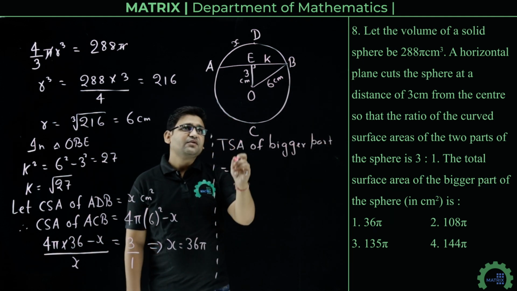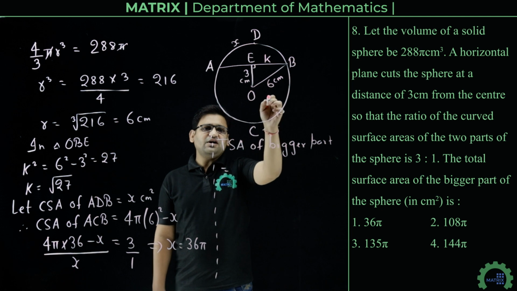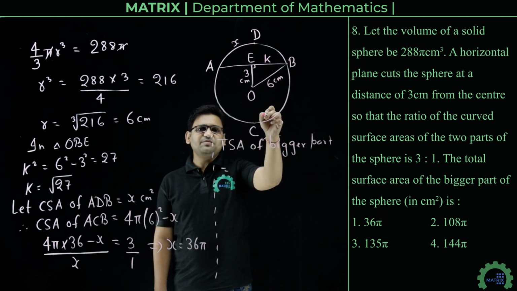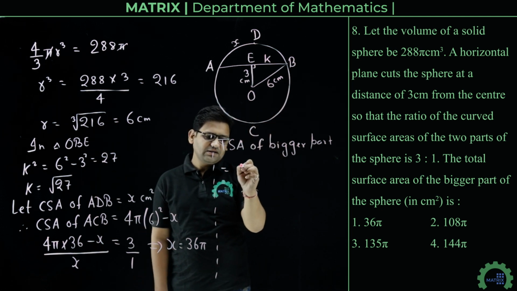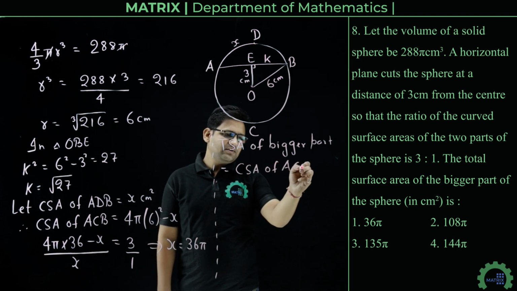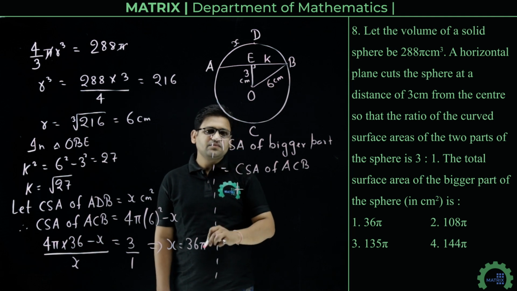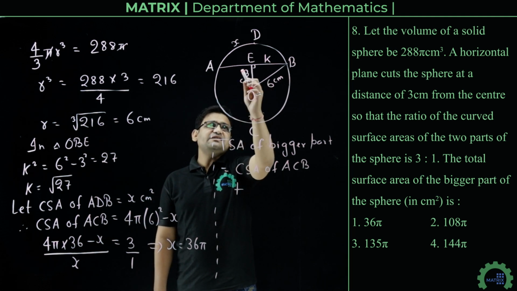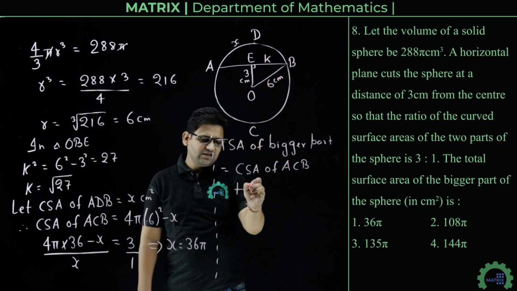Total surface area of the bigger part will be the area of the curved portion of ACB, that is the curved surface area of ACB, plus the area of the flat surface of ACB.